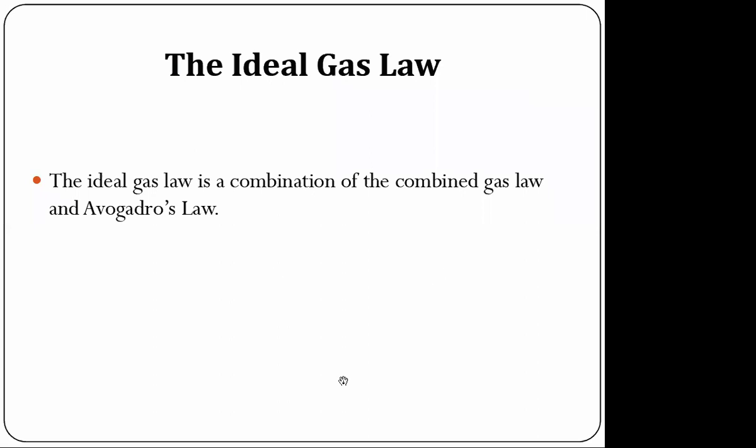The ideal gas law is a combination of: V is directly proportional to N, and directly proportional to T, and inversely proportional to P. Now, the implication is that V then is equal to a constant K, though this constant is actually the ideal gas constant, which is R, times N T over P.